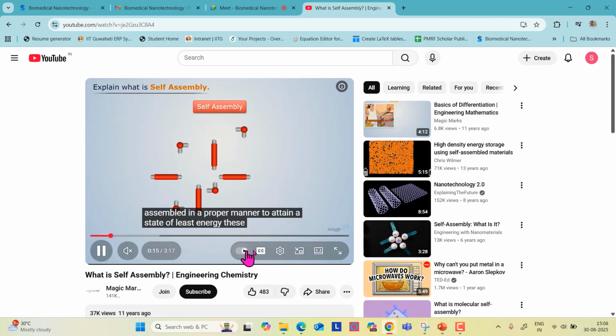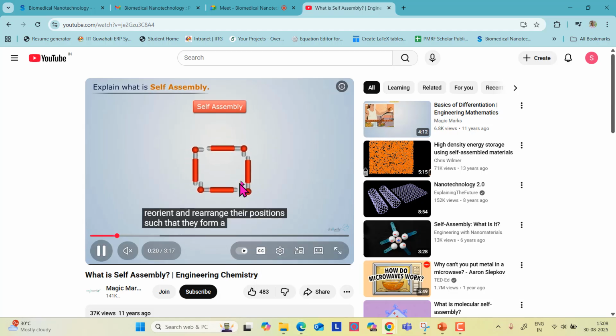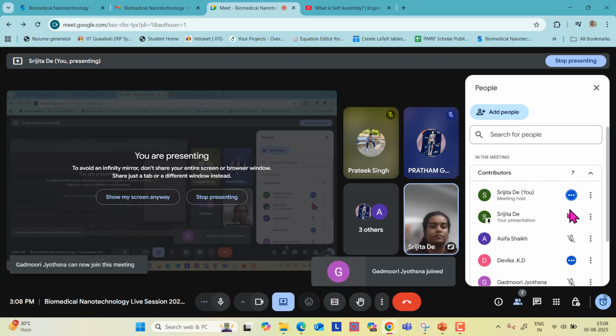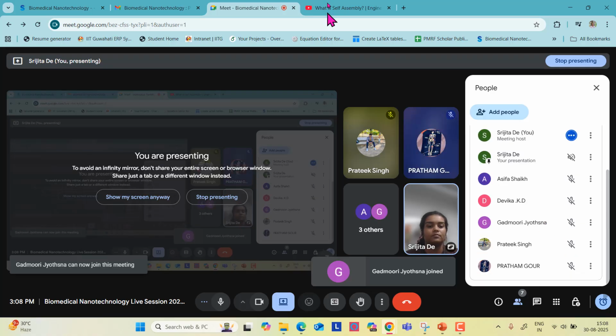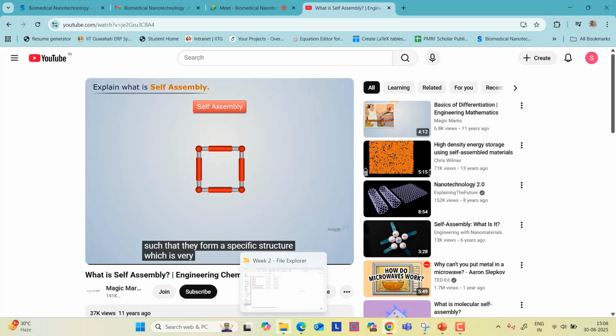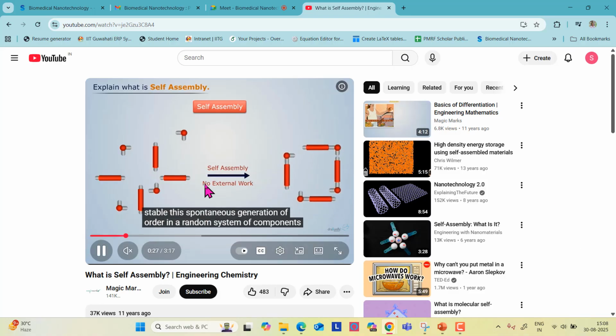You can see that in the proper manner to attain a state of least energy, these components reorient and rearrange their positions. So they are self-assembled. We don't need to put any external forces to self-assemble them. This is the minimum energy required to self-assemble.